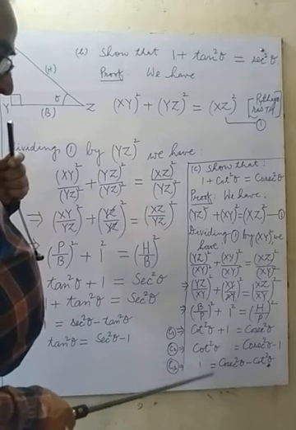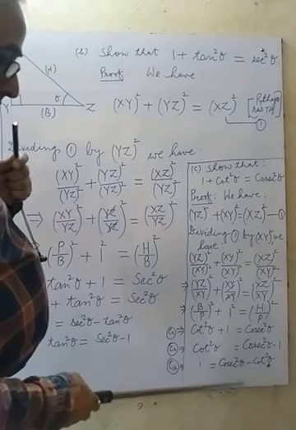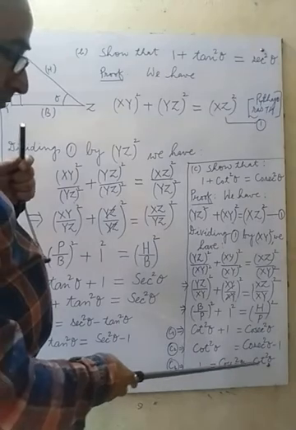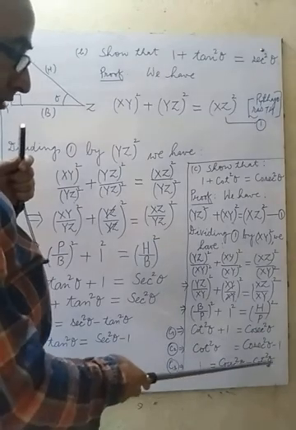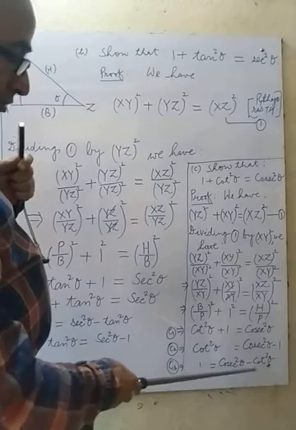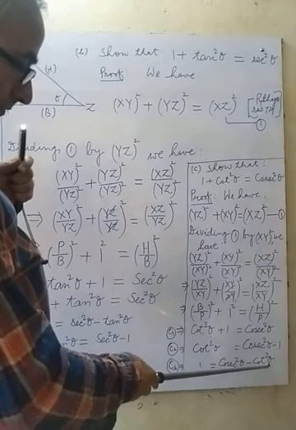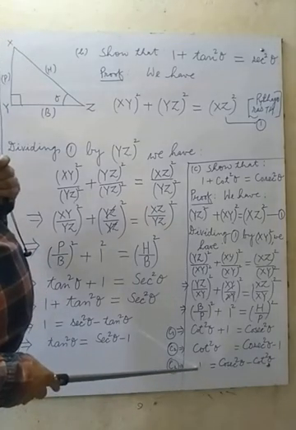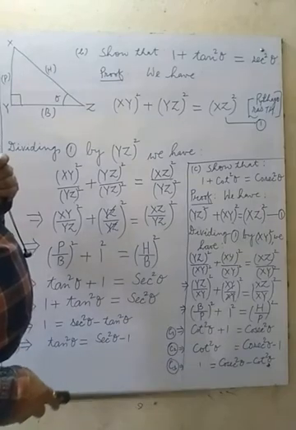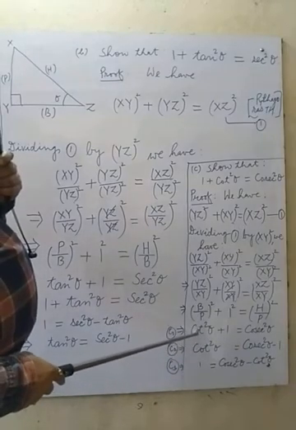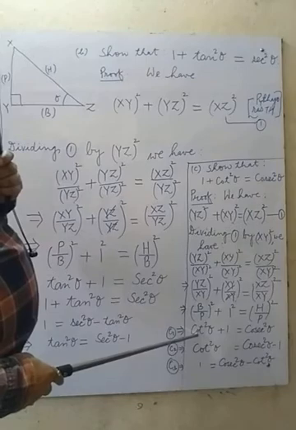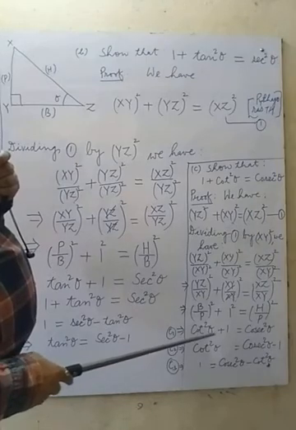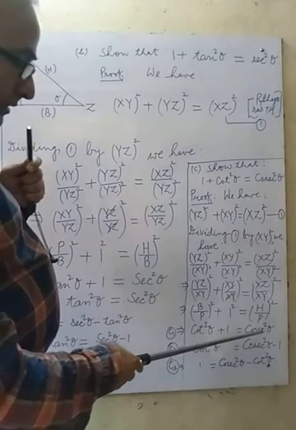In the place of 1, we can write cosec square theta minus cot square theta. If cosec square theta minus cot square theta is noted down in this form, we can directly note down that this result is equal to 1. And all these results are derived from the basic identity number three, that is 1 plus cot square theta is equal to cosec square theta.